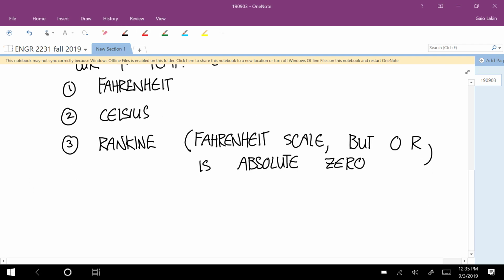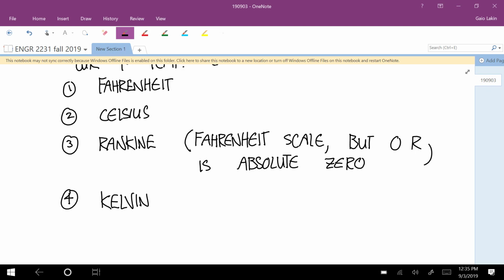And then the last one is Kelvin. That's actually the one we'll use the most. Negative 459.67 Fahrenheit is absolute zero.